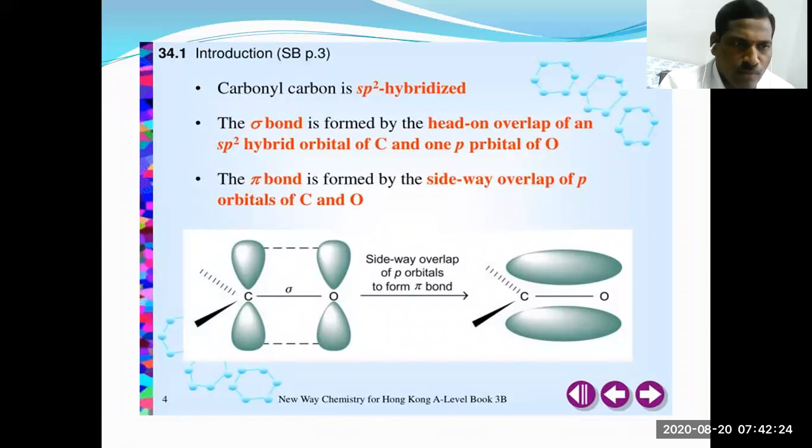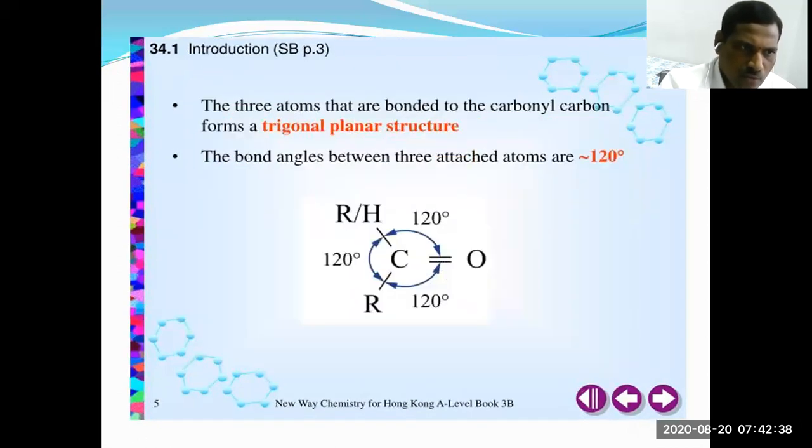See, so in carbonyl compounds, the carbon is an sp2 hybridized carbon having sigma bonds and 1 pi bond between carbon and oxygen. So the carbonyl group is a trigonal planar structure with bond angle 120 degrees.